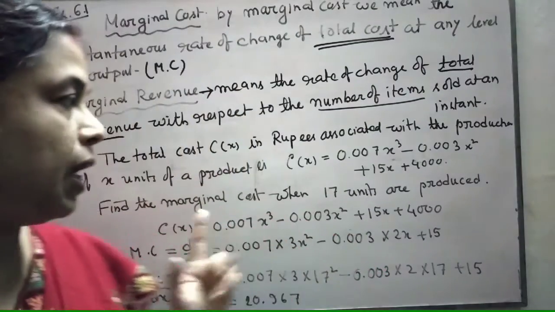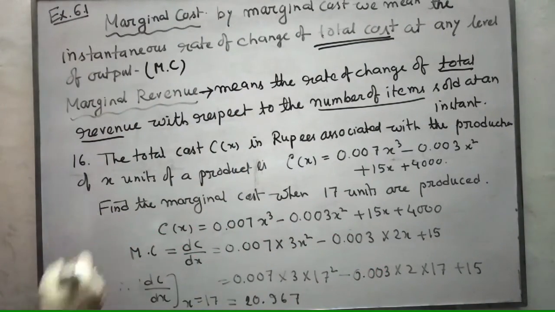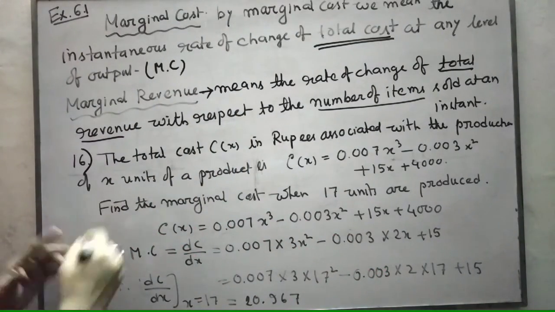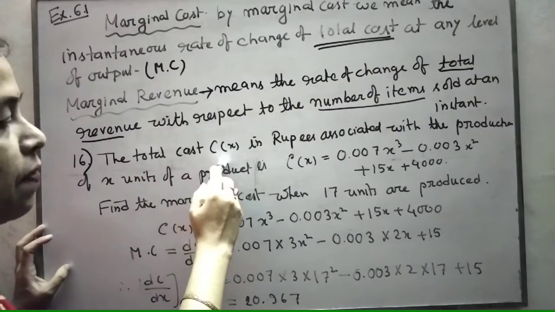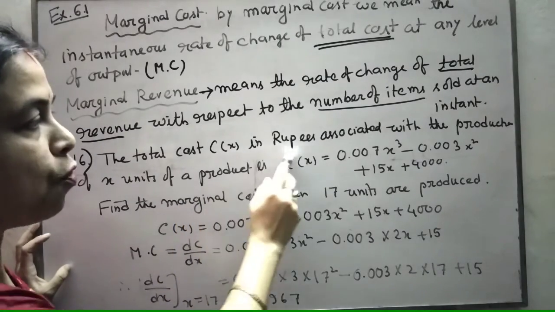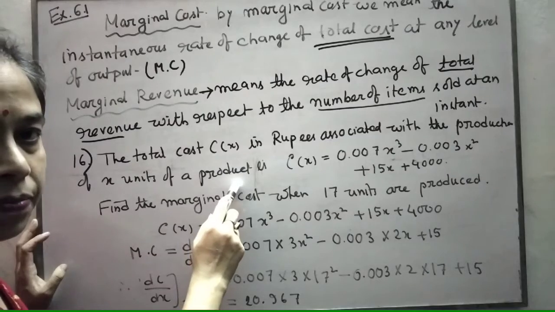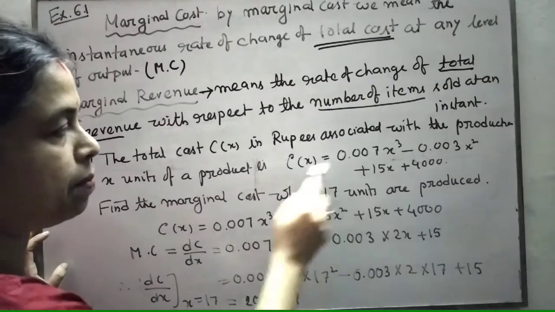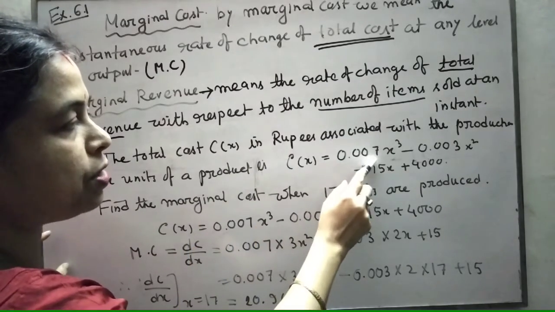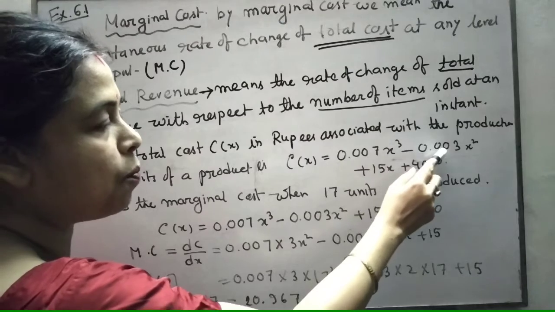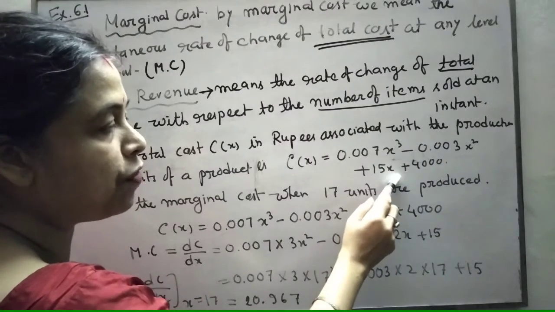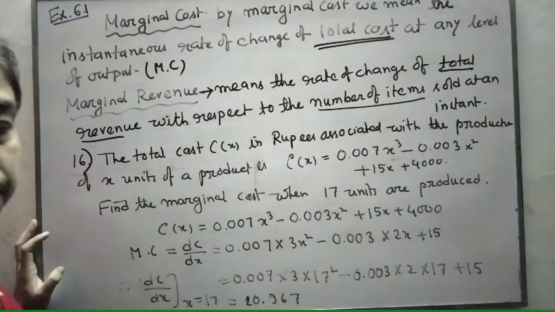So you see your question number 15 is about the total cost. The cost is given as C(x) in rupees associated with the production of x units of a product. C(x) is given by 0.007x³ minus 0.003x² plus 15x plus 4000.